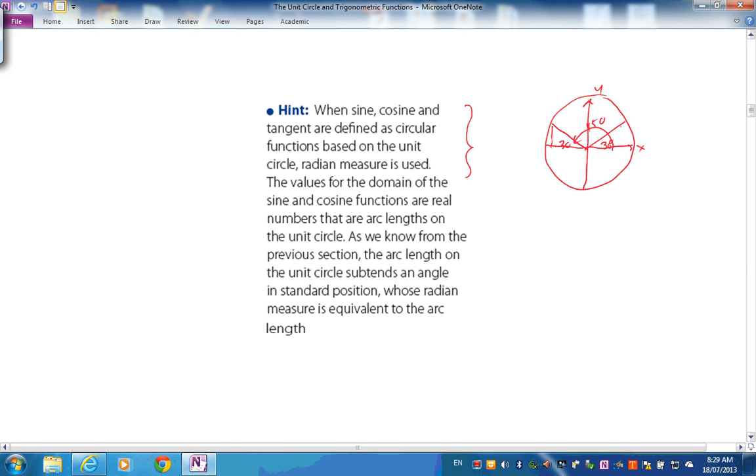The initial notion of circular functions is that the y value is the sine, the x value is the cosine. And when we went across here, we found the x went to neg x, and y stayed the same. So we could talk about the sine, cos and tan of 150.